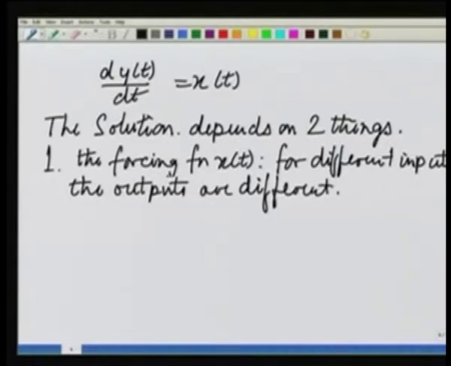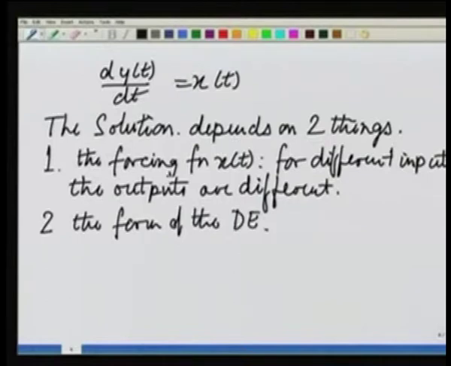Only natural, one would think. But there is another thing on which the output depends. The form of the differential equation, that is, how many terms, how many derivatives of x(t).